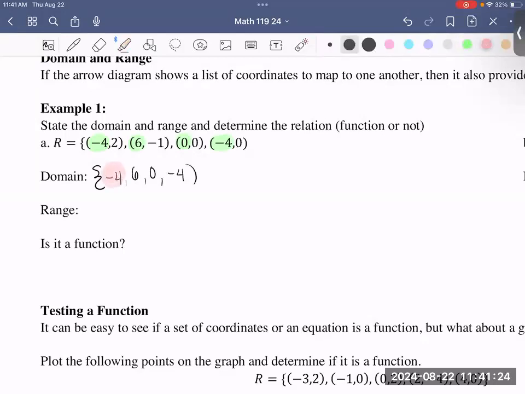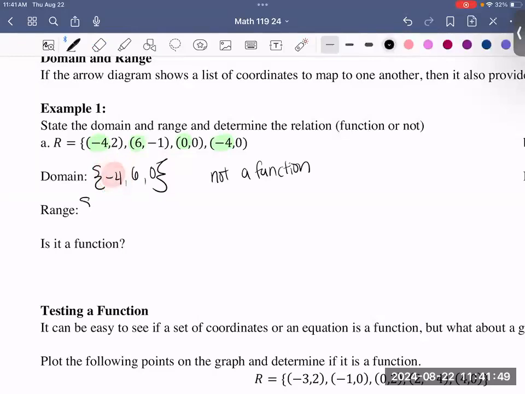Well, you have -4 listed twice, so it's mapping to 2 and to 0. So is this a function? Not a function. Now, if we weren't really interested in whether or not this is a function, but we were trying to determine its domain, we don't need to account for that repeat since we already accounted for the -4.